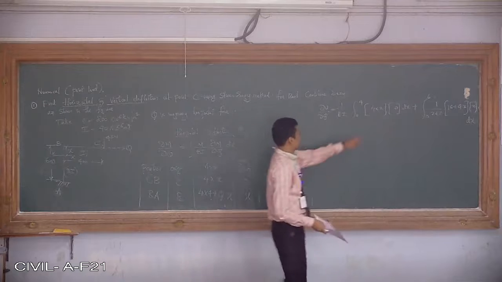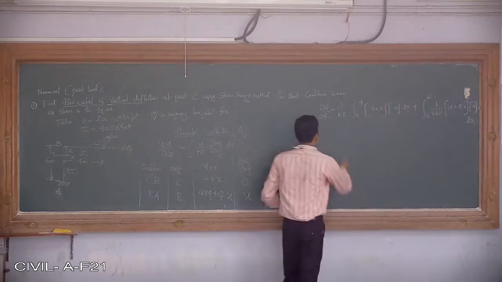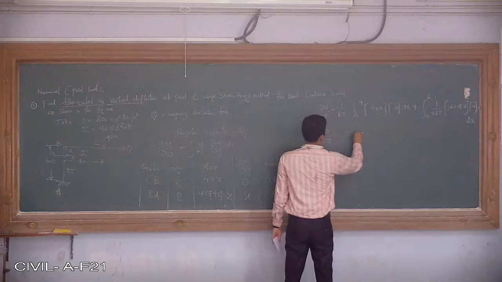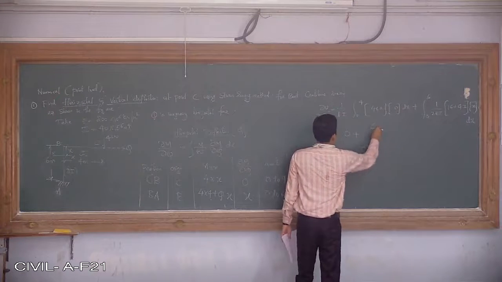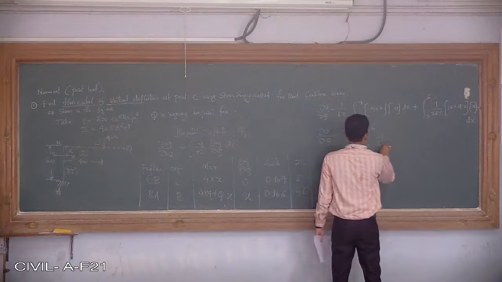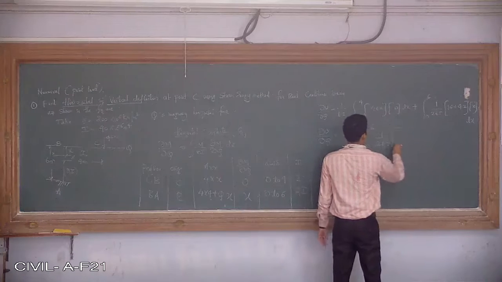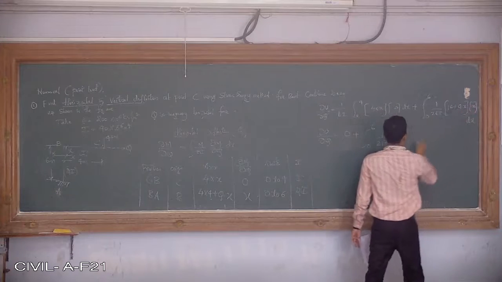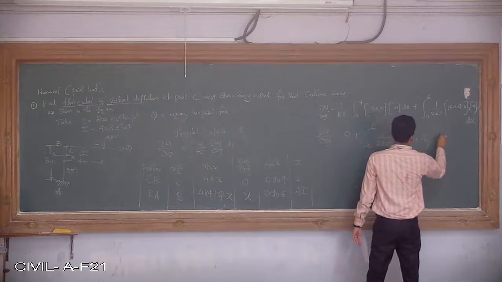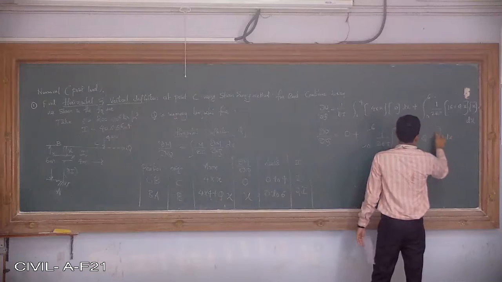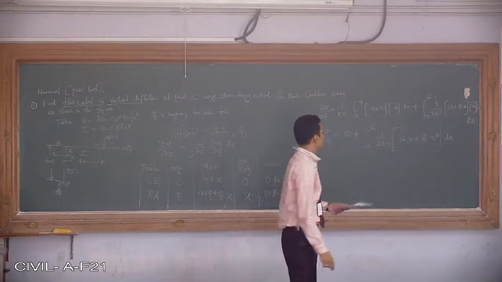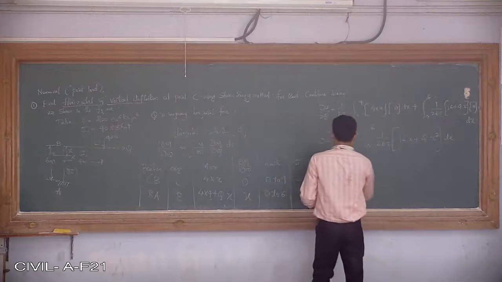The first term is 0, since anything into 0 is 0, so this vanishes. Differentiation with respect to Q is 0, plus the integration from 0 to 6 of 1 by 2EI, 16 into x plus Q into x square dx. Clear?